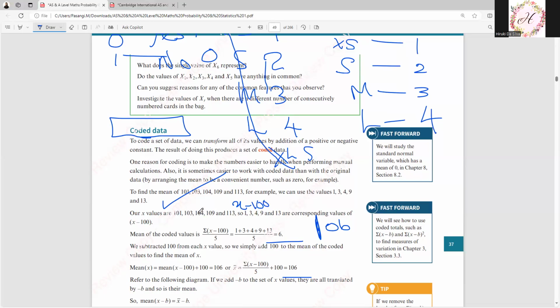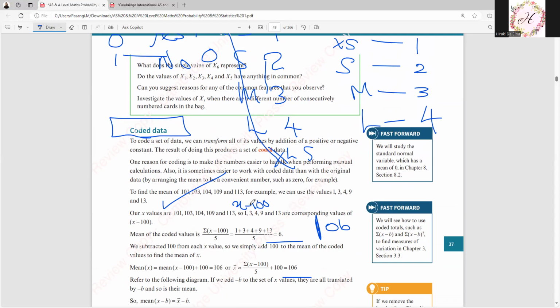They have subtracted 100 from every value. From 101, subtracting 100 gives 1. From 103, if we subtract 100, we receive 3. From 104, if we subtract 100, again we receive 4. Likewise, here we have the coded numbers. So if we receive this 6 as the numerical value for the mean after coding, what would be the actual value? The actual mean.